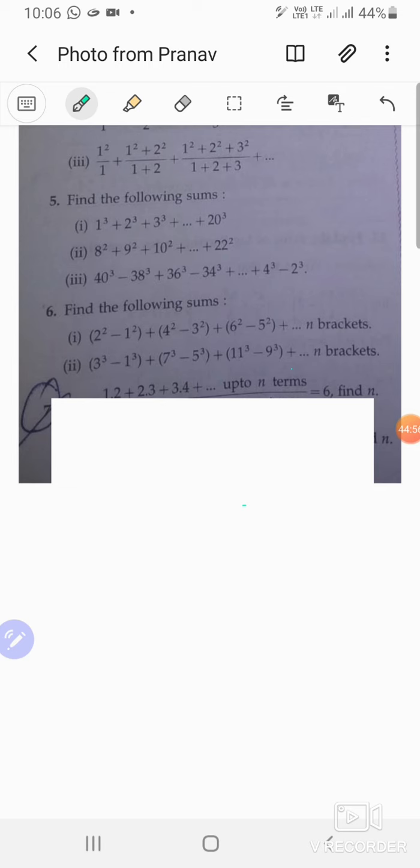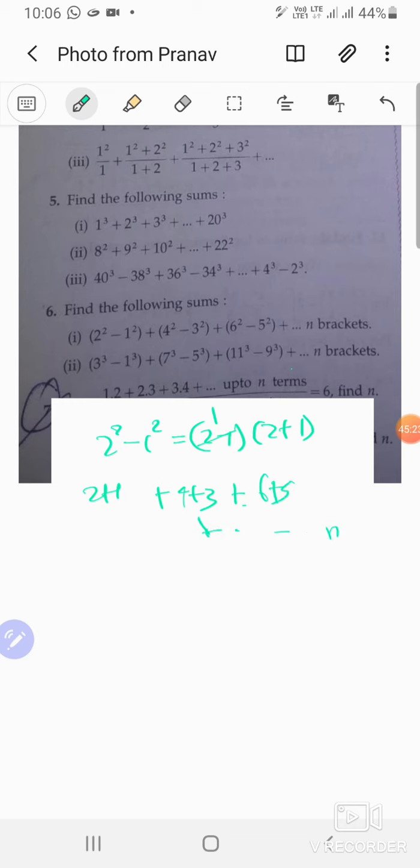First of all, 2 squared minus 1 squared is the same as (2 minus 1)(2 plus 1), which turns out to be 2 plus 1. Then 4 squared minus 3 squared is (4 minus 3)(4 plus 3), so you got 4 plus 3 because 4 minus 3 is 1. Similarly, you got 6 plus 5, and it keeps going like that till you have n brackets.